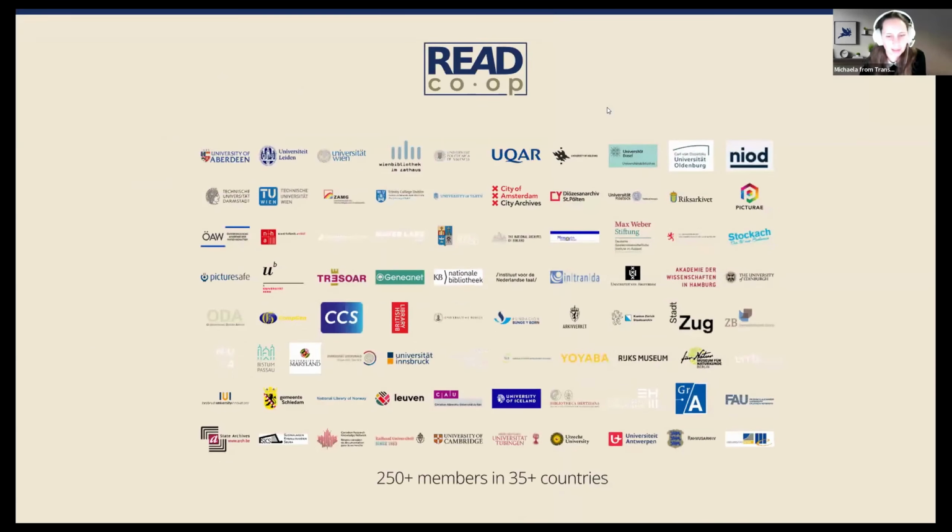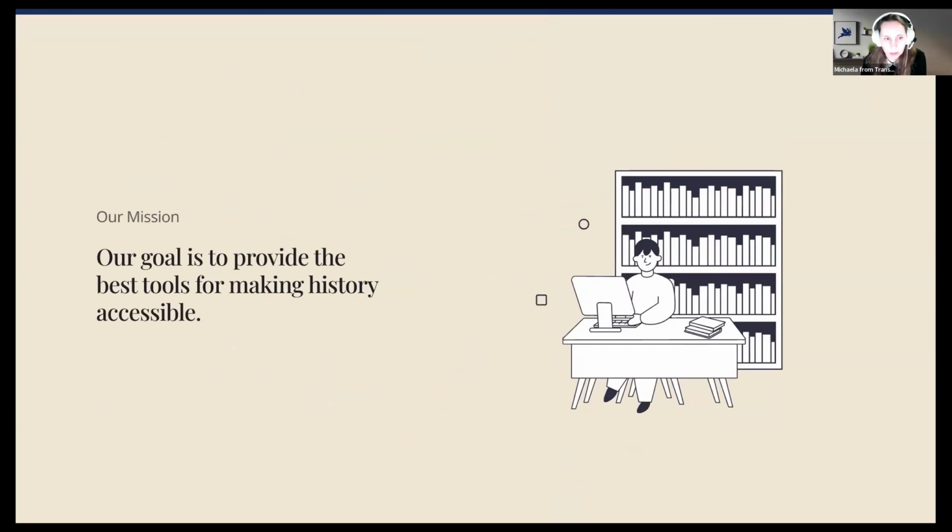Here you can see some logos of our members, as said, over 250 members, spread across all over the world. They are part of over 35 countries at the moment. In our last slides, we also want to share our mission.